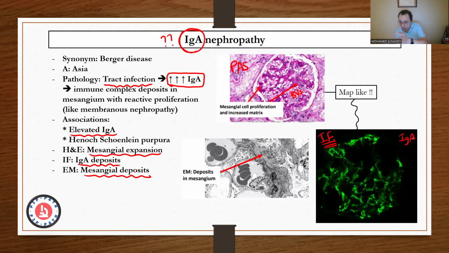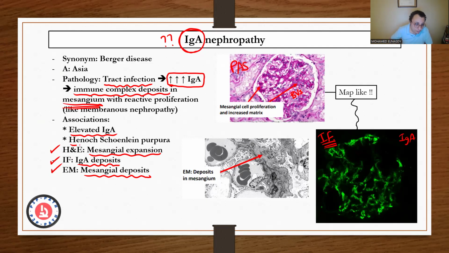This is due to overproduction of IgA in response to a tract infection, leading to immune complex deposits in the mesangium with reactive membrane proliferation, like membranous nephropathy, potentially. However, the pathology here is mesangial on H&E, PAS, and on immunofluorescence and electron microscopy.